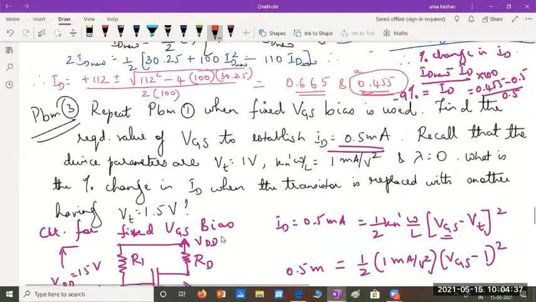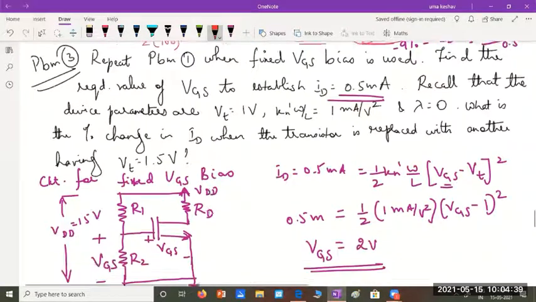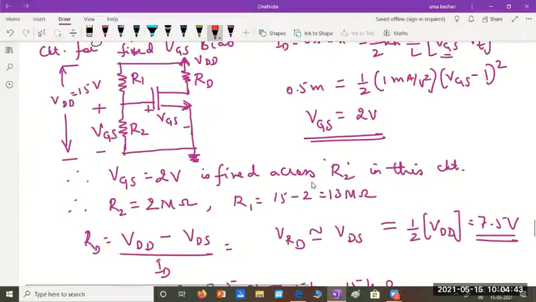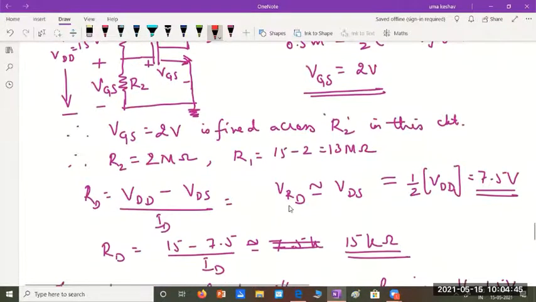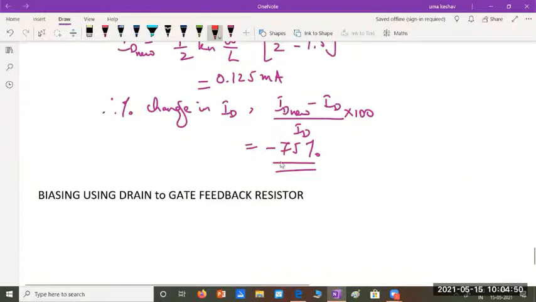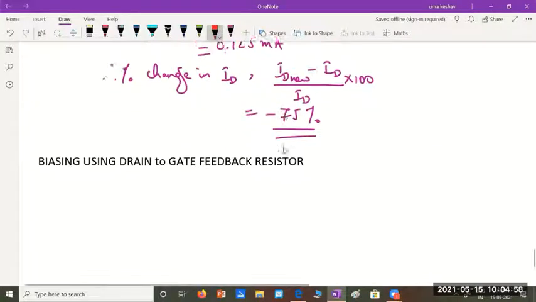Whereas in fixed VGS bias, for the same values, if I would change the device with a new device having VT 1.5 volts, the change in drain current would be minus 75%. So even practically we were able to prove the same condition.